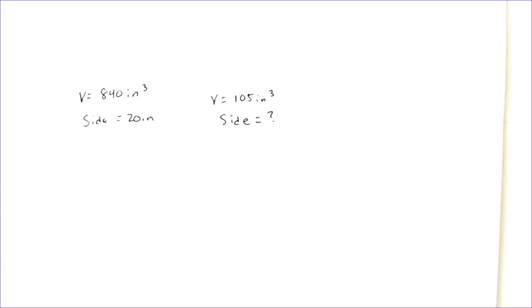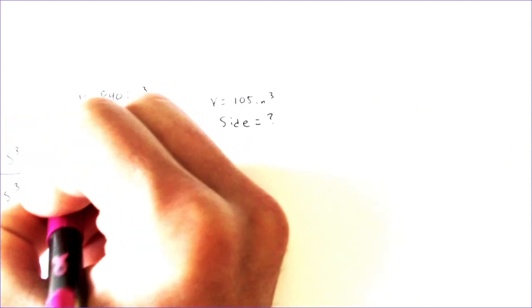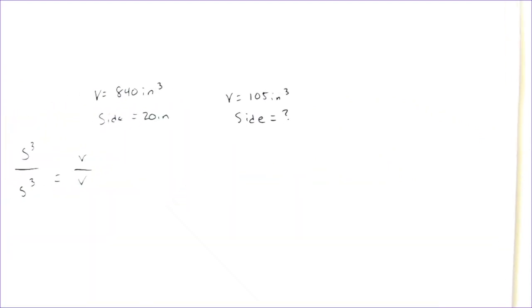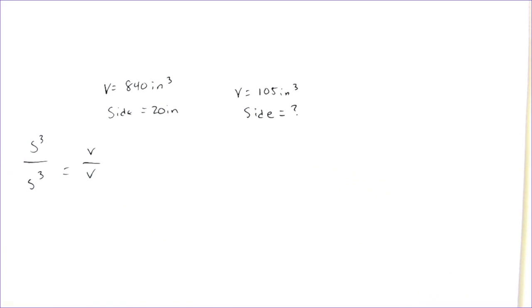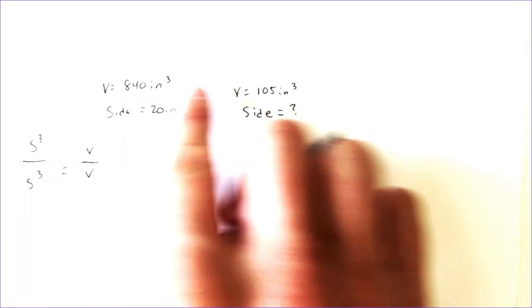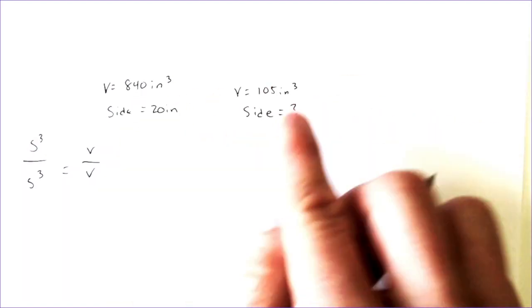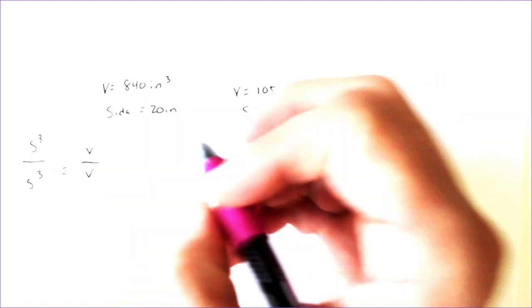So when we have this, we're going to have to use our side to the third over side to the third formula equals the volume over volume, because we're given the sides and we're given the volume. So I'm going to plug in things accordingly. I'm going to start with volume because I'm not missing anything there, and I don't have to cube it or anything either. So 105 I'm going to put over 840.